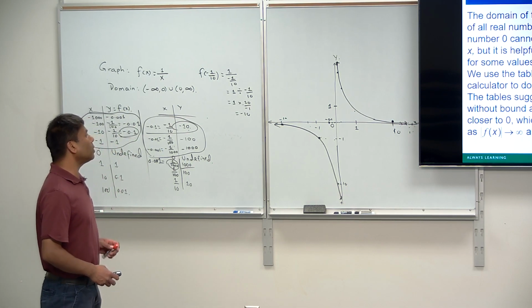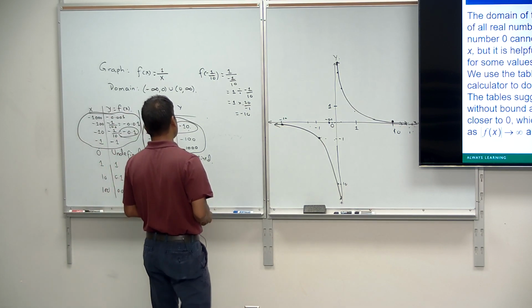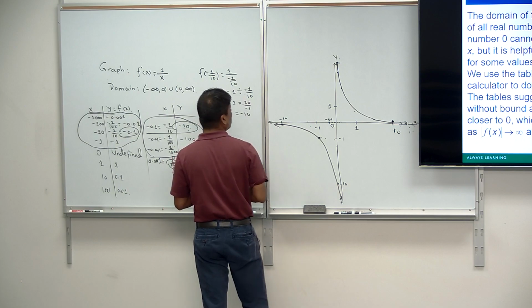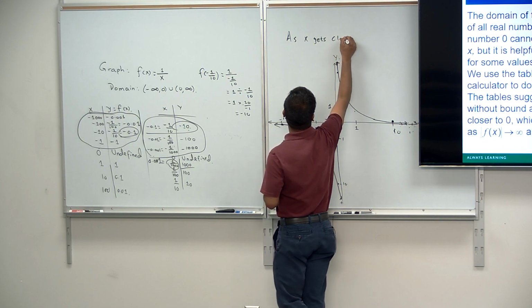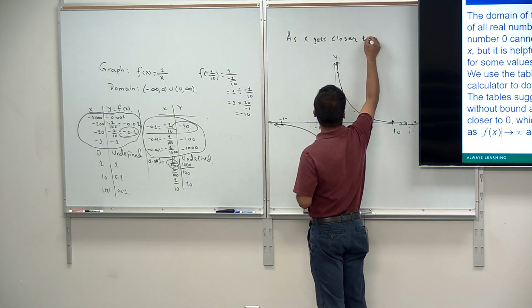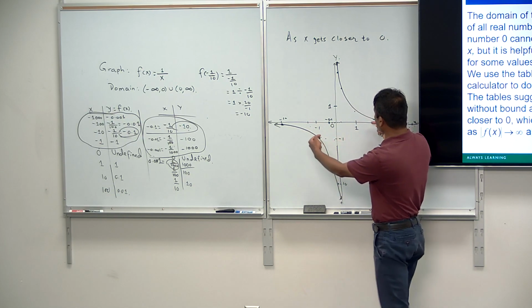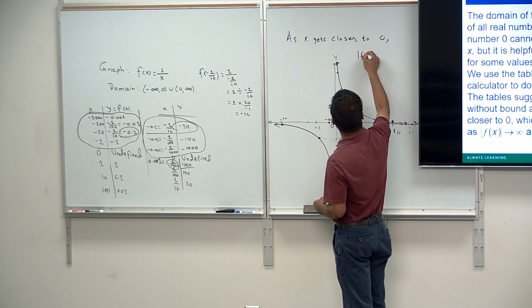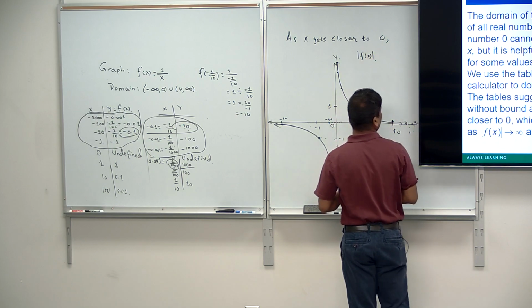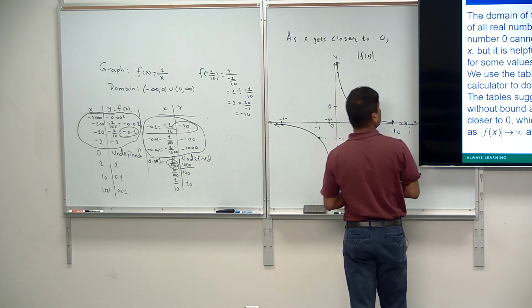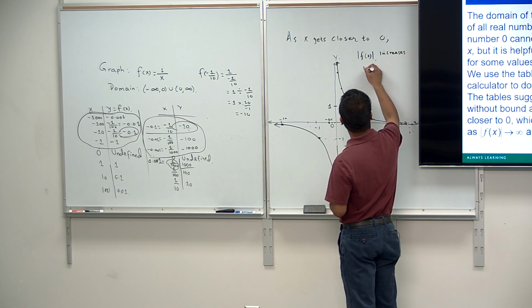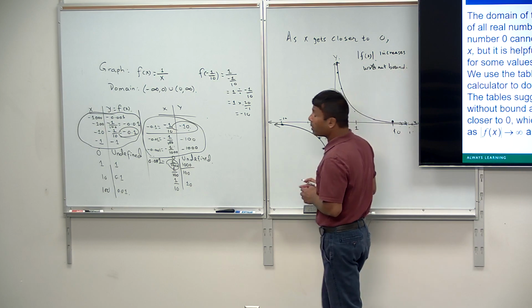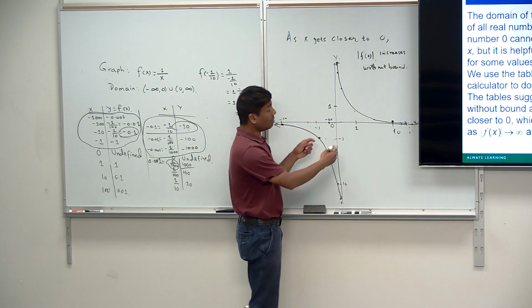So what you need to know is, the important thing here you need to know is this: as x gets closer to 0, you see that as x gets closer to 0, the absolute value of f(x) increases without bound. So you can easily observe that in the graph.